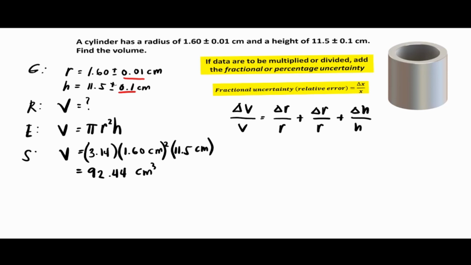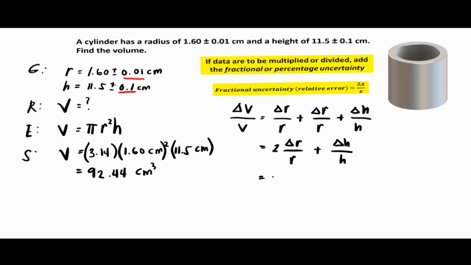We can simplify our equation to 2 times the fractional uncertainty of our radius, delta r divided by r, plus the fractional uncertainty of our height, delta h divided by h.